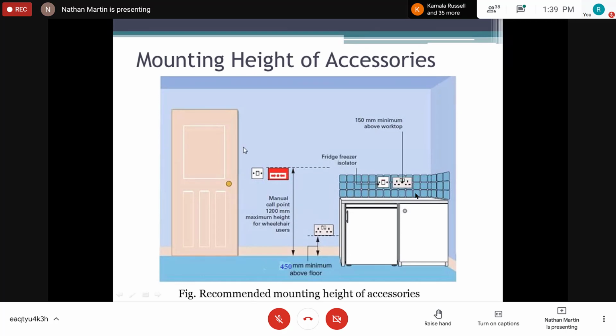Now, if you don't know that, and they have indicated the level, you can use your laser line. So rather than going around with a level trying to catch the level all around, you use a laser line, catch a line, and then mark off your mounting height of your switches and outlets. So you can do that.